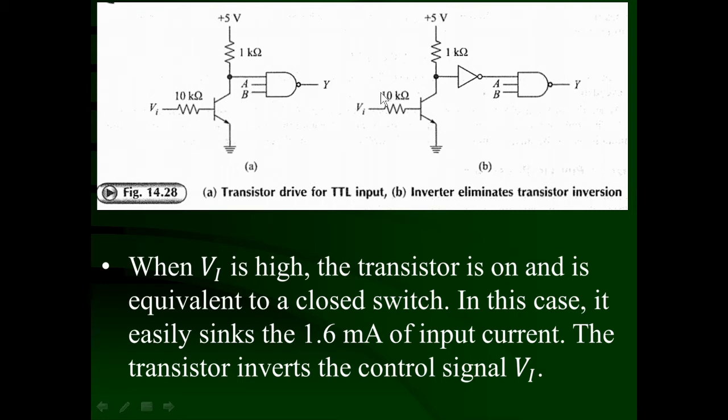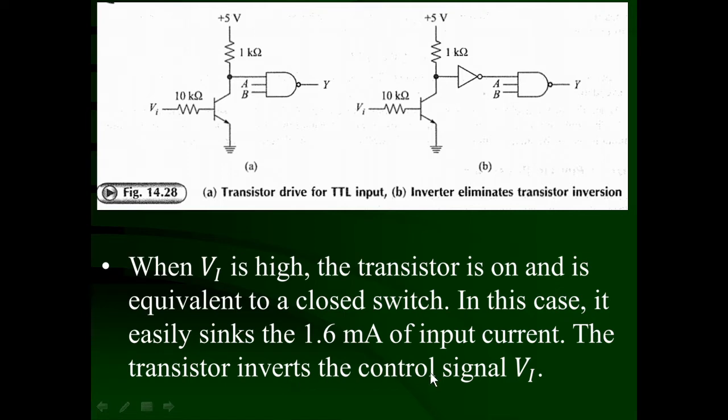If this is objectionable, you can utilize one inverter in between. So double inversions make no inversion. That means whatever input signal is there, that actual input signal is available at the TTL input. When Vi is high, the transistor is on and is equivalent to a closed switch. In this case, it easily sinks 1.6 milliampere of input current.